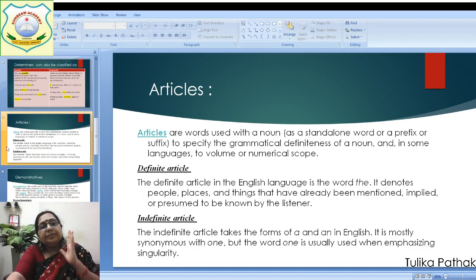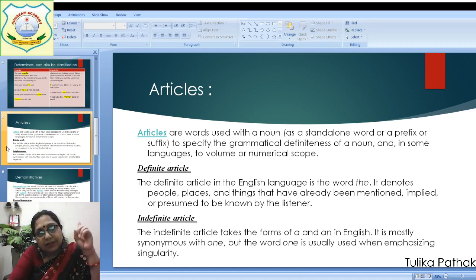Now it is bifurcated into definite and indefinite articles. The definite article in the English language is the word the. It denotes people, places, and things that have already been mentioned, implied, or presumed to be known by the listener.